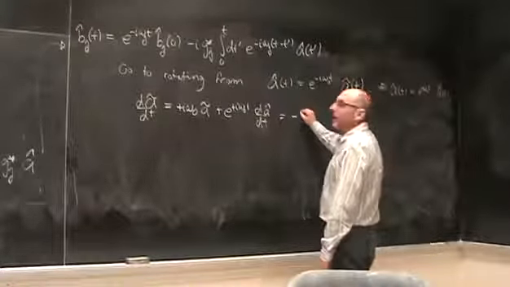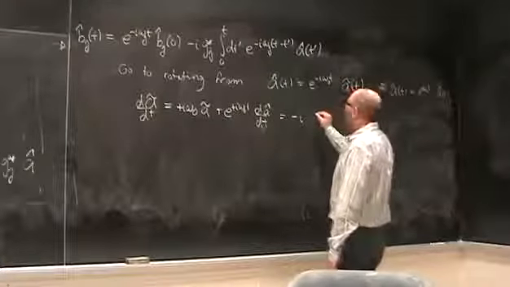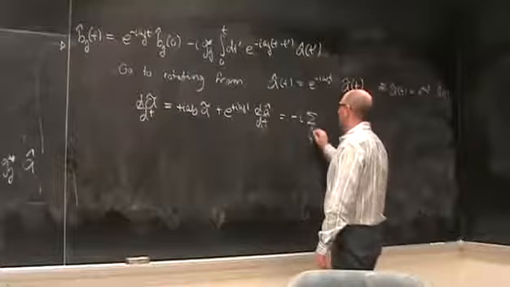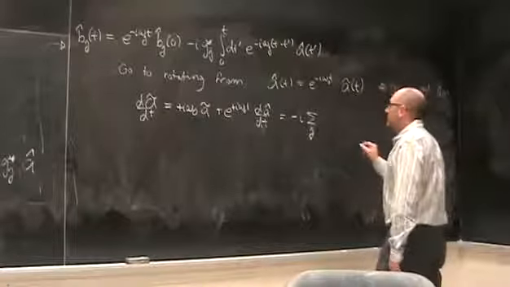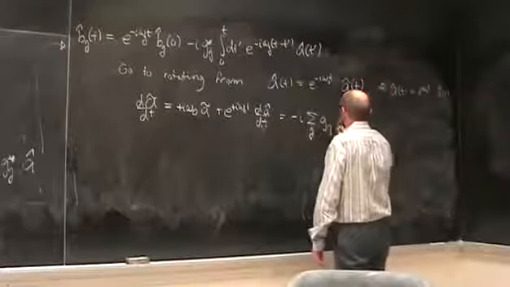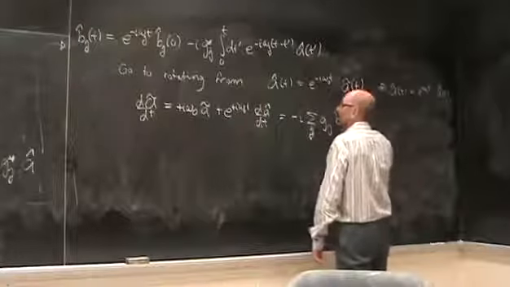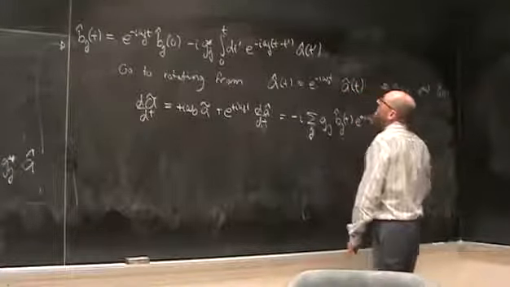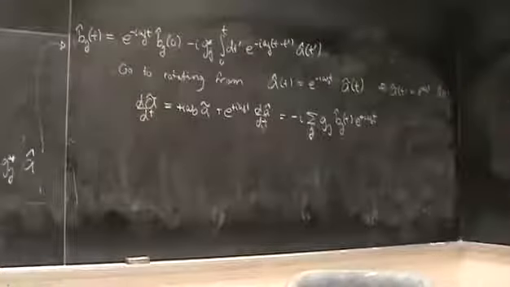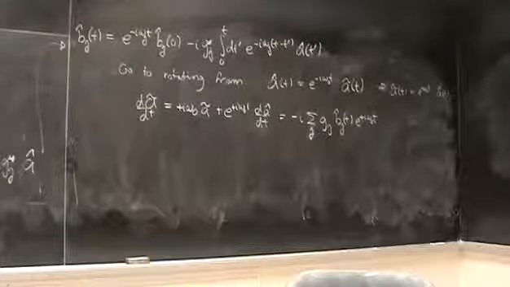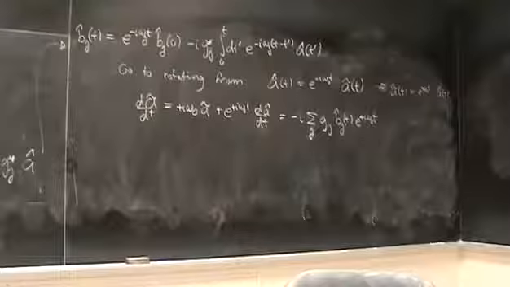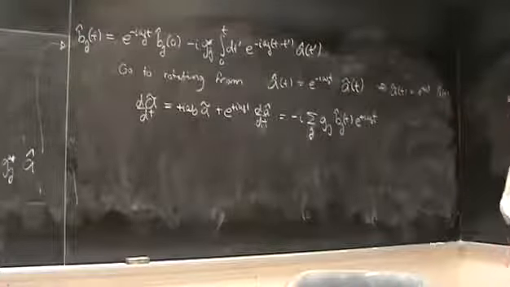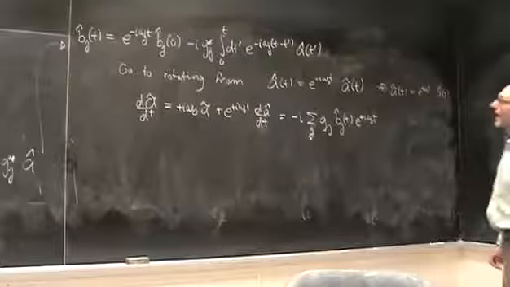And I get minus i sum over j of g sub j, b_j of t e to the plus i omega naught t. Okay. And now I plug back in this solution, and I get the following.